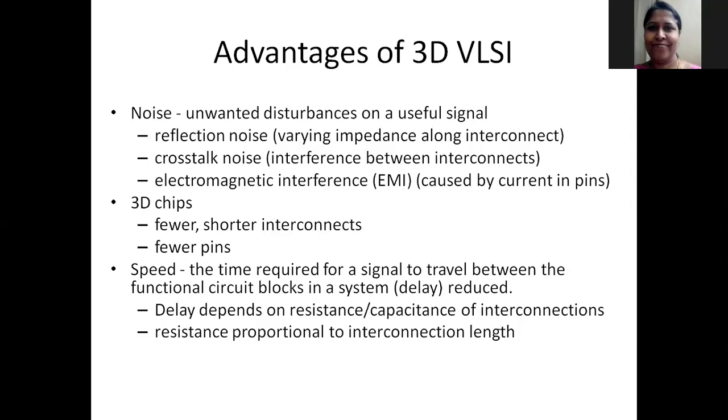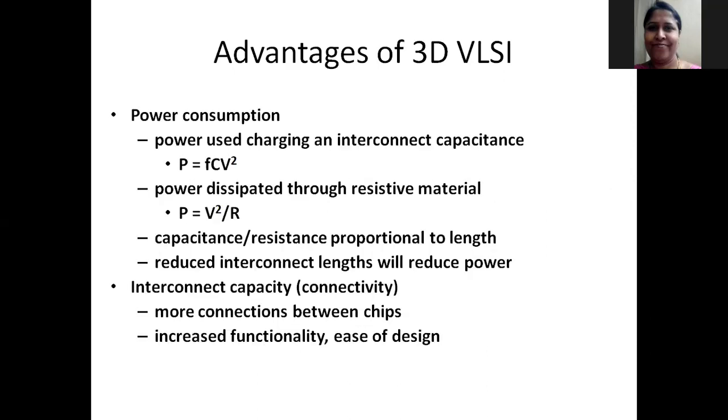Next, the power is also found to reduce. Why? Because dynamic power is proportional to the frequency of operation, the capacitance of the wires or interconnections, or the load capacitance within the chip, and V represents the maximum voltage, that is the power supply voltage. So when we employ 3D VLSI, we find that the power dissipation also gets reduced.